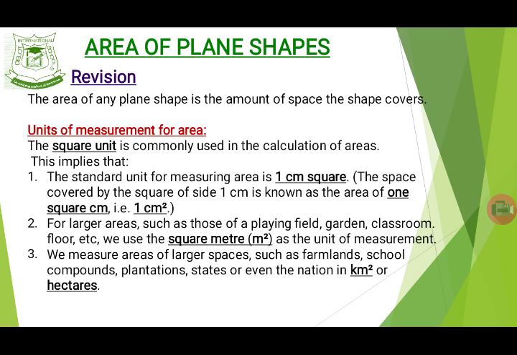No matter the unit of length you make use of, it always has a square. Even if you use centimeter or meter or kilometers or millimeters, it always would have a square. That is how to represent the area of any plane shape.